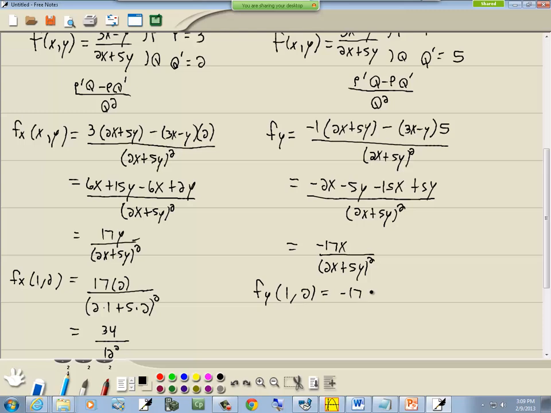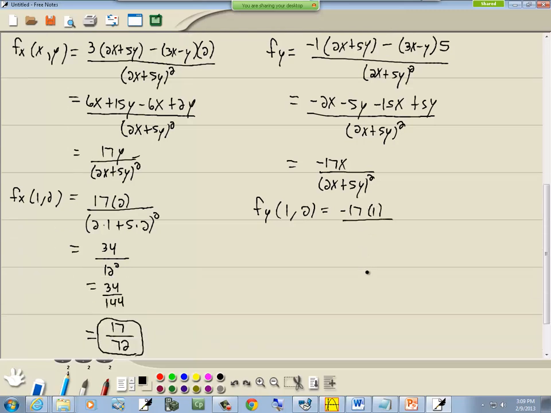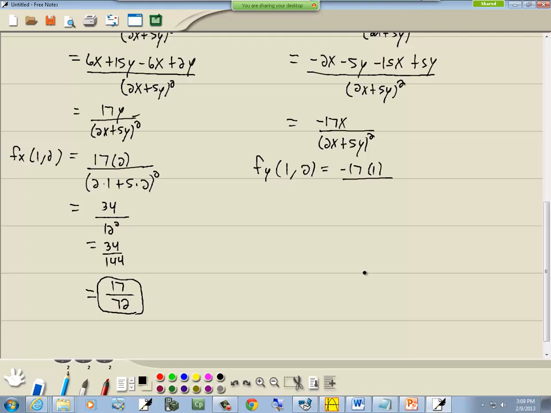So we're going to have negative 17 times 1 over, it'll be the same as the last one, but I'll go ahead and write it down again. 2 times 1 plus 5 times 2 squared. So we got negative 17 over 12 squared, negative 17 over 144. I won't do all the steps.